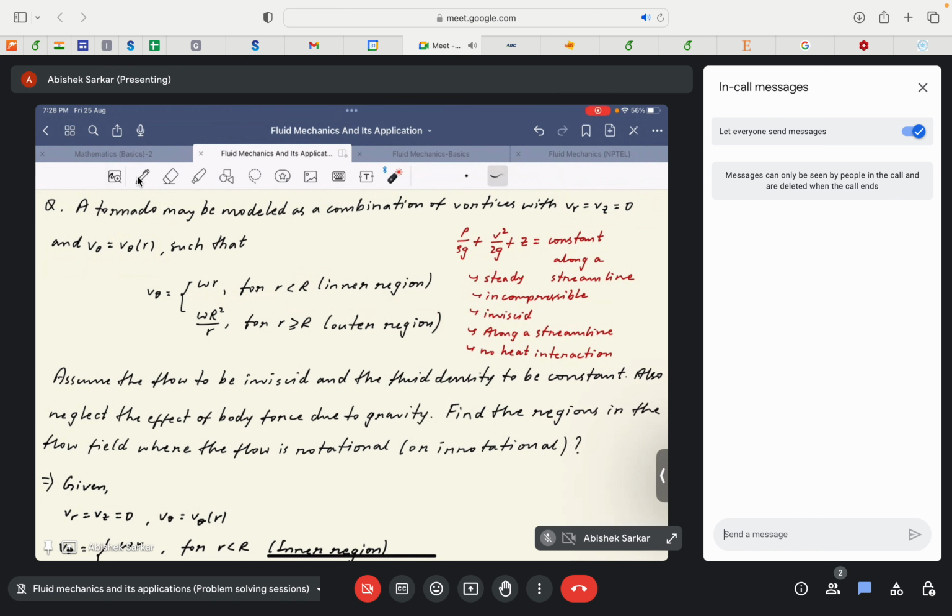For R greater than capital R, V theta is omega capital R square by R, and for R less than capital R, it is omega R.